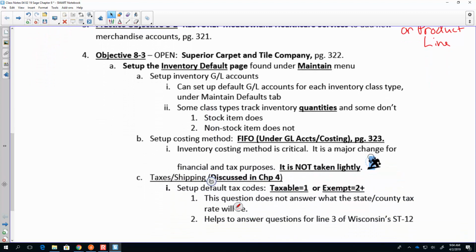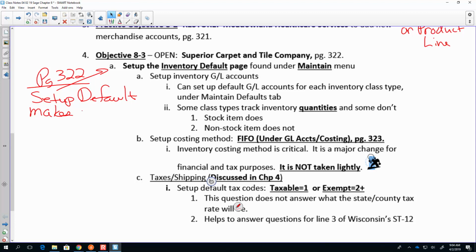Whenever you start a new system, page 322, we have to set up a default section. The setup of default, or any default, makes new item entry quicker.